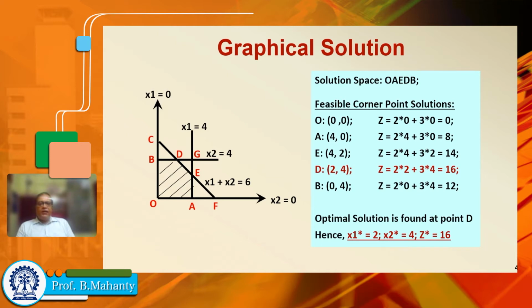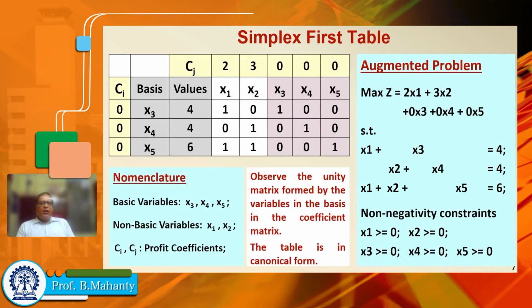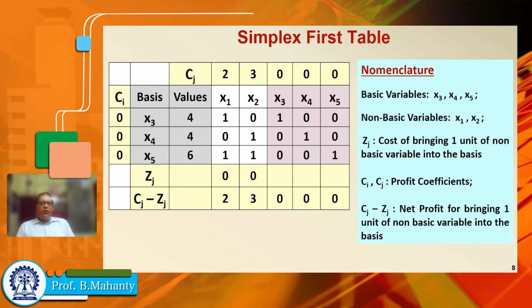All right, so having said that, these are certain important considerations. First of all, the optimal direction, that means x2 should now come into the basis. That is the first thing we understand, that yes, x2 should now come into the basis.